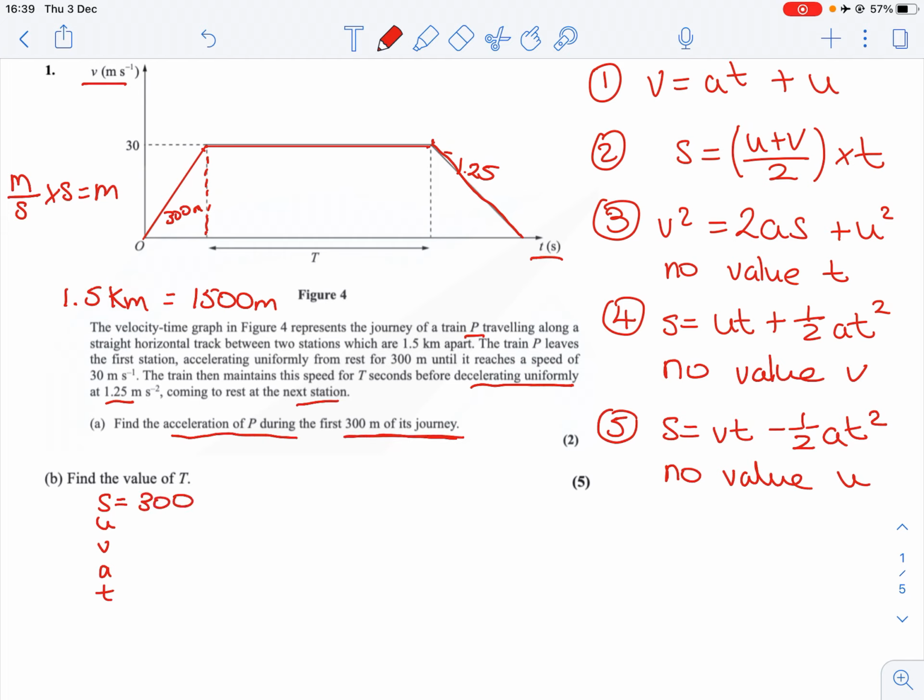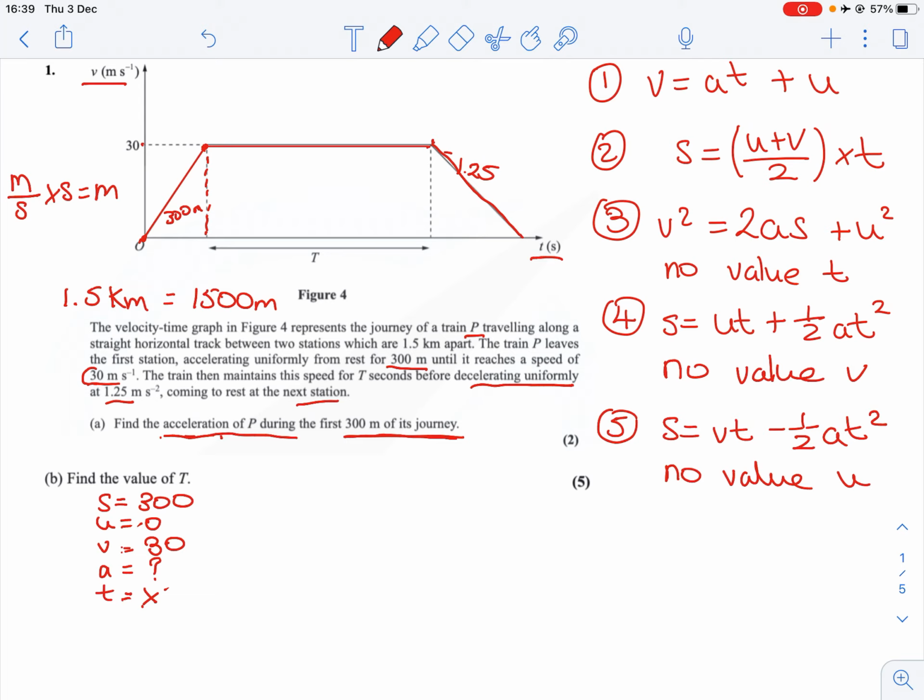The initial velocity is 0 because I'm traveling from rest. My final velocity is 30, as the question says it accelerates from rest over 300 meters until it reaches the speed of 30. Then my acceleration is what we want to find out, and time is not given.